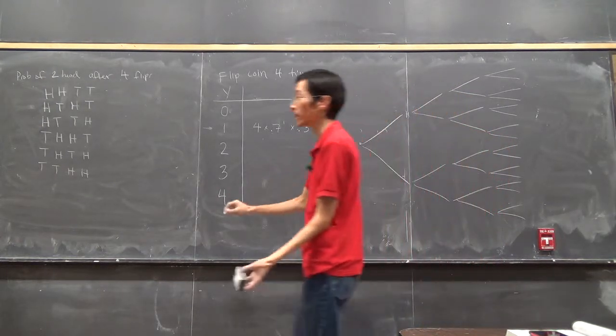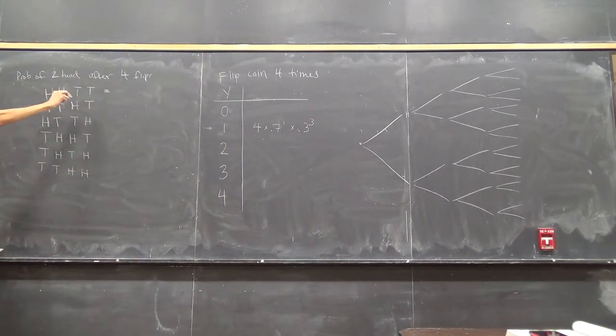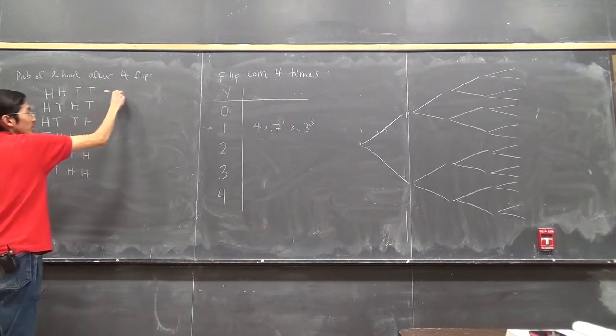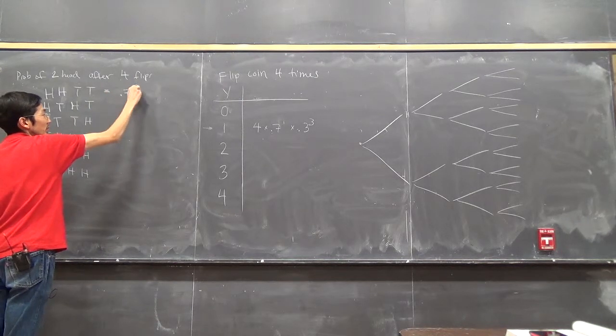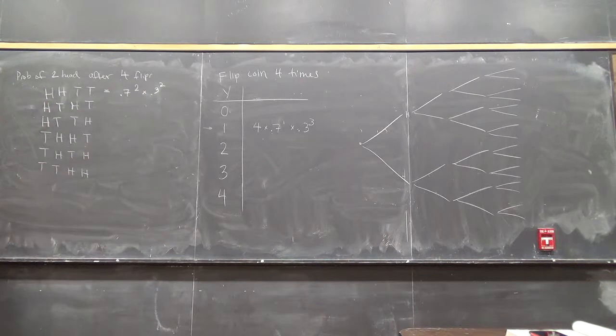Okay. And again, for each of these, what is the probability of this exact sequence? 0.7 squared times 0.3 squared. Is that okay? Okay, because we have to get two heads. The probability of heads is 0.7. And each time we get tails, the probability of that is 0.3.